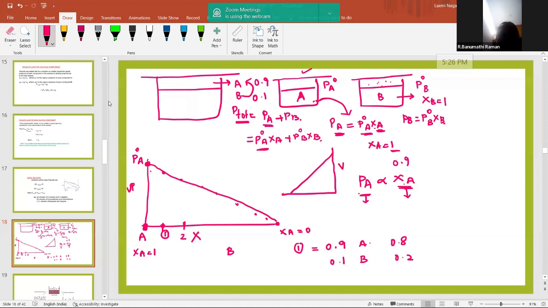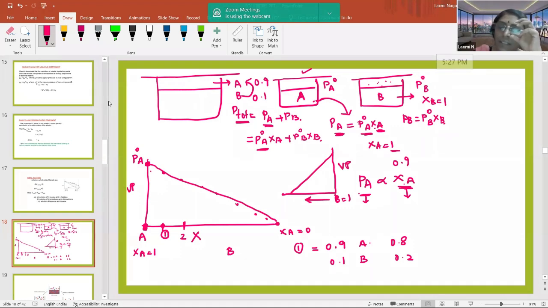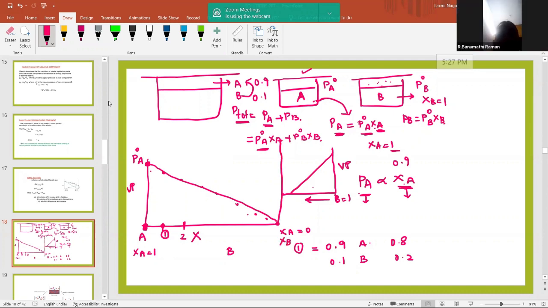Now you tell them that when you plot it for B, it will look like this, opposite. Again, vapor pressure, B is 1, and progressively B is going to decrease to 0. So now you can integrate these two and say this is that line. And when chi B is 1, the pure vapor pressure is P naught B. What is this composition?